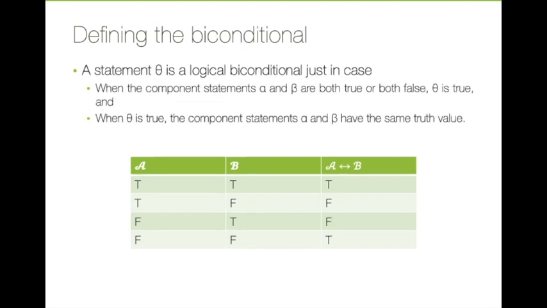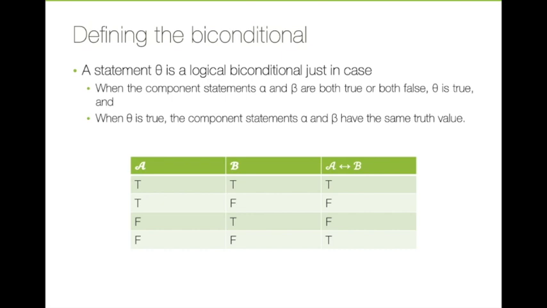We'll wrap up by looking at the truth table for the biconditional. So a statement counts as a logical biconditional in the cases where if both component statements are true or both are false, the whole statement is true. Or when we think the whole statement is true, then the component statements ought to have the same truth value.